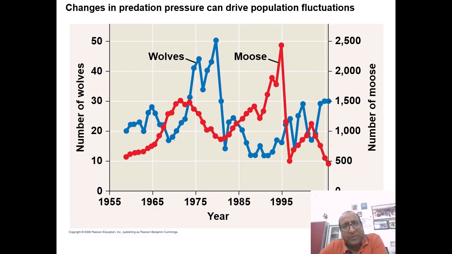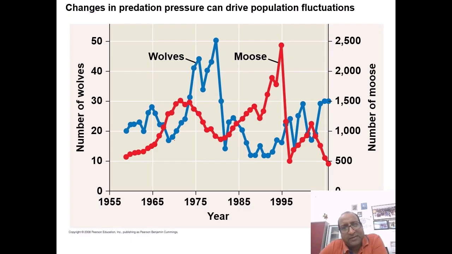Then again the moose population increases. As the population increases, the wolves again get their food and eat it completely, and they start producing more and more, and by the time they again cross the population of the deer, once they are more than the deer, resources are scarce, and even though they grew in size, they again drop.